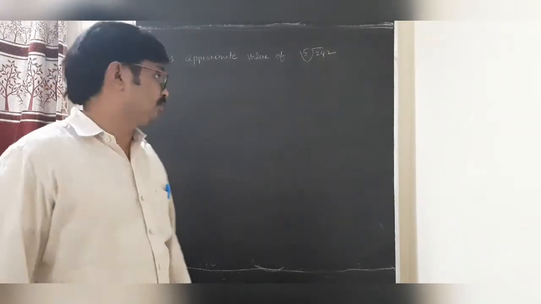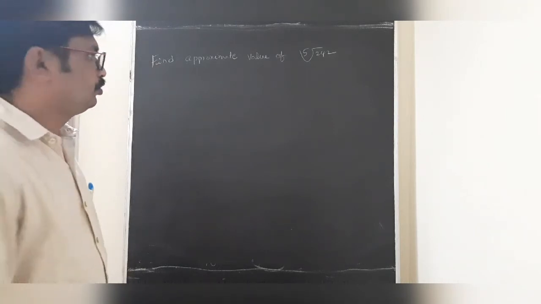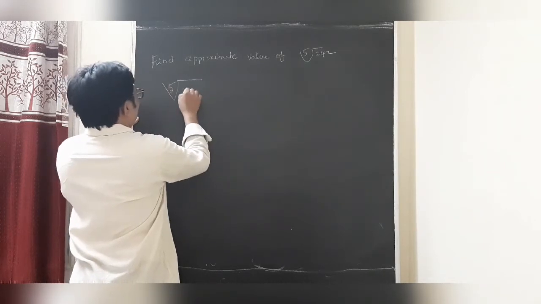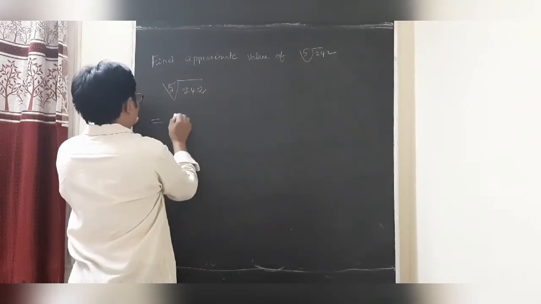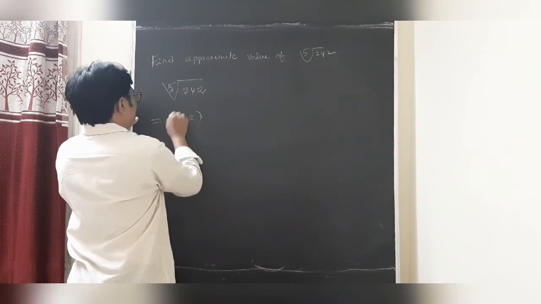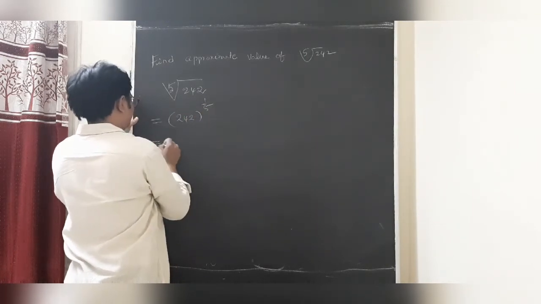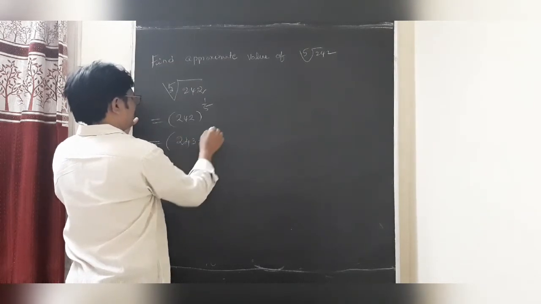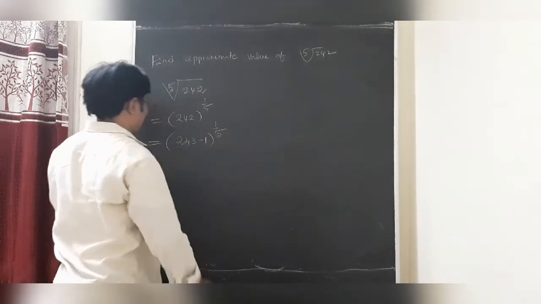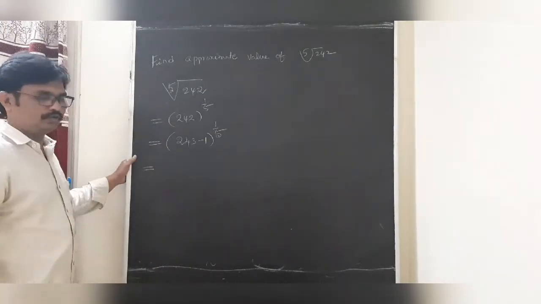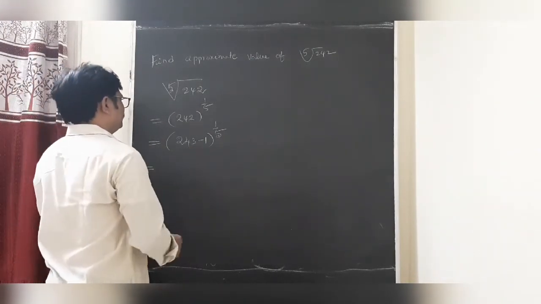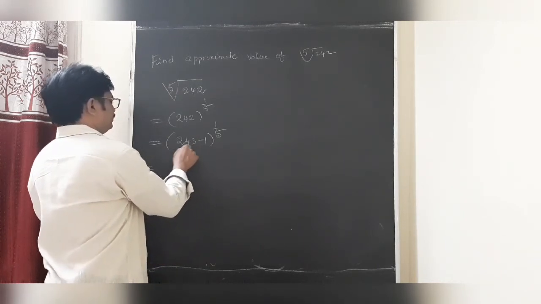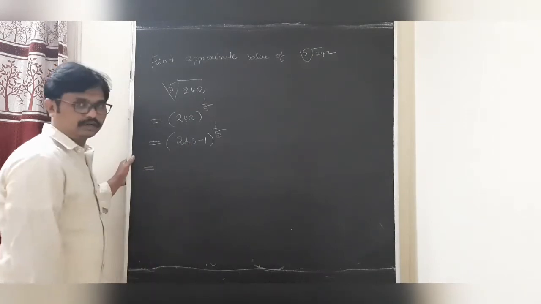Okay students, find the approximate value of the 5th root of 242. So students, the 5th root of 242 is 242 whole power 1 by 5. This is, students, 243 minus 1 whole power 1 by 5. So students, 243 is common.